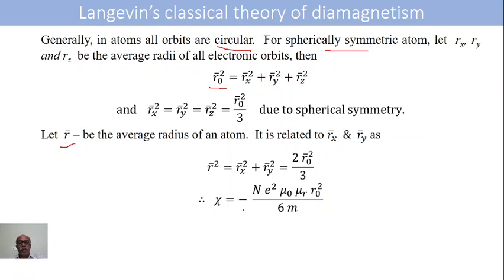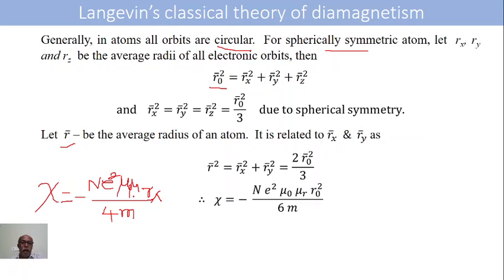Therefore, chi equals minus n e square mu naught mu r by 4m into r square.